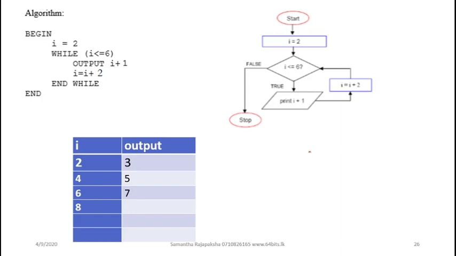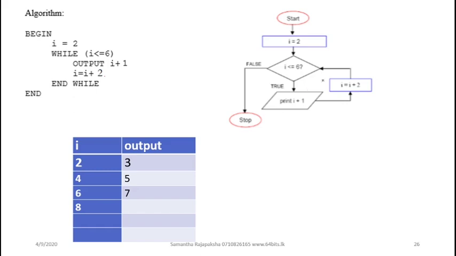Now let's see how this simple example works. In this example, we have a while loop. Initially I equals 2. If I is less than 6, this is the condition. If I is less than 6, we run it and print I plus 1, and then I is incremented by 2. Then we come back.